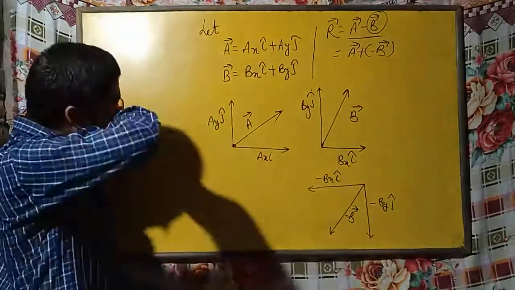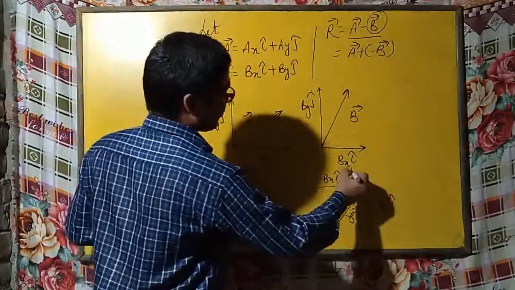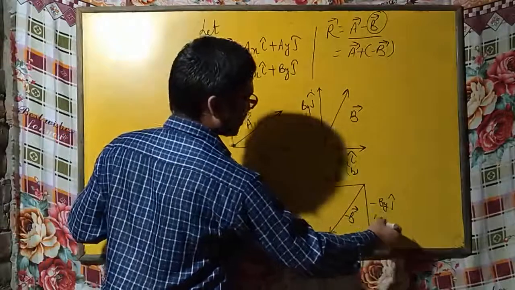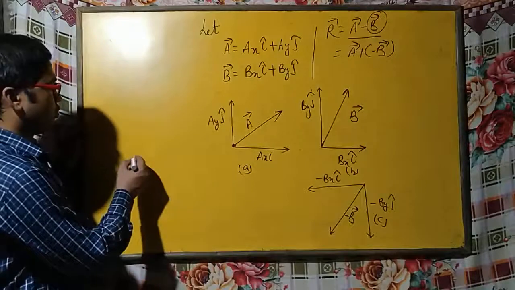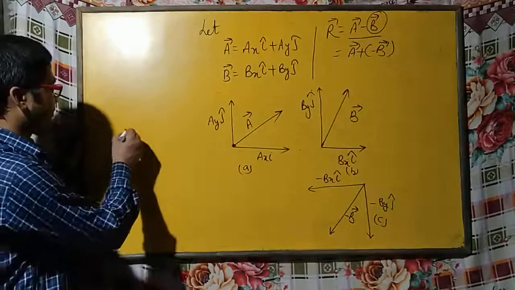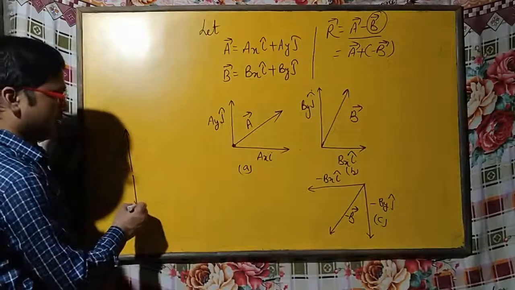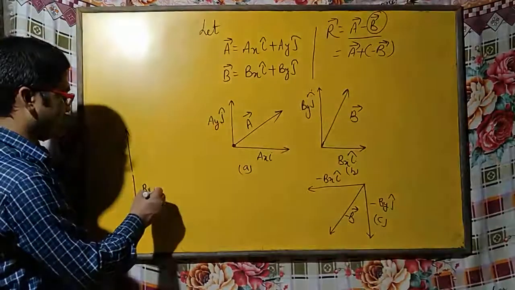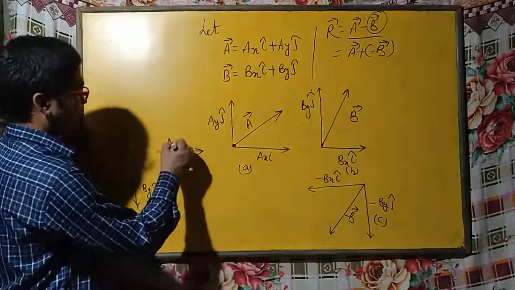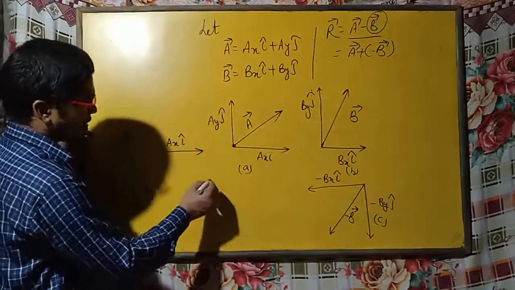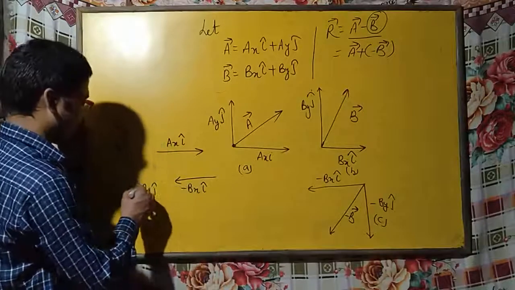You can draw the figures: figure A, then figure B, then figure C. Now we are going to draw the next figures here. You can see AYJ and BYJ are here, and AXI and BXI. This one is minus, this one is minus.